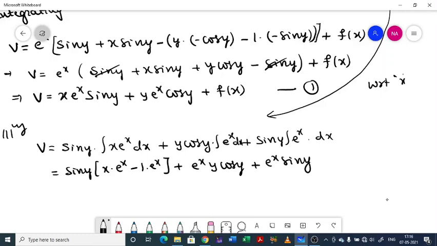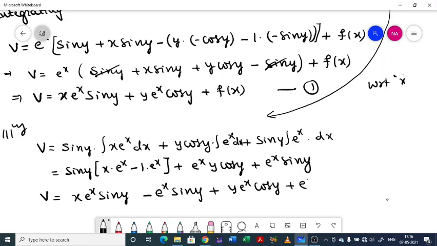So v will be x e power x sin y minus e power x sin y plus y e power x cos y plus e power x sin y. So constant I have not added, that is g of y plus g of y, here again plus g of y.